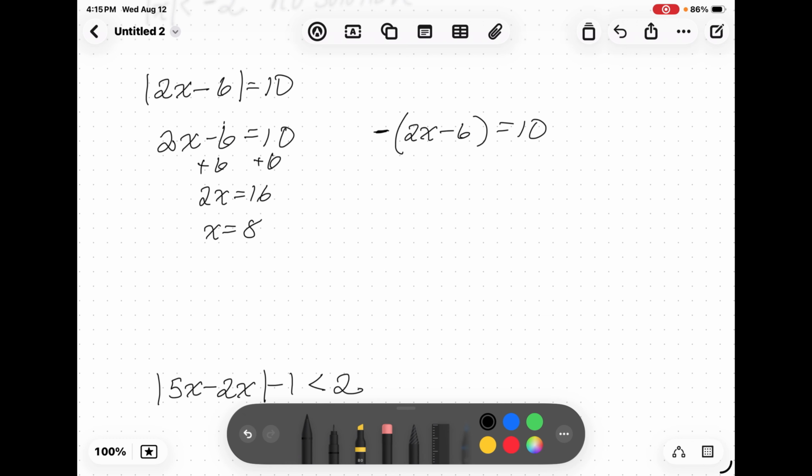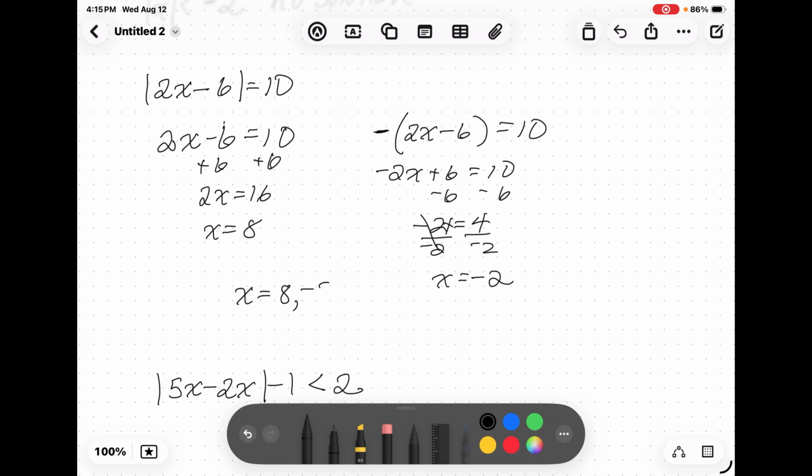And then here I'm going to go negative 2x plus 6 is equal to 10. Subtract 6, negative 2x is equal to 4. I need the x in there. Divide by negative 2. I get x is equal to -2. And so I've got two solutions here. X is equal to 8, -2.